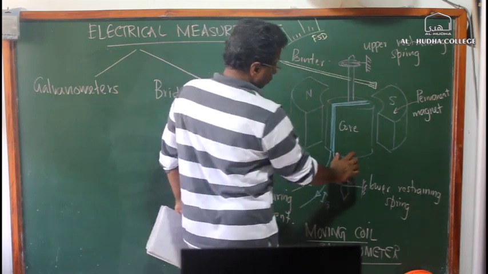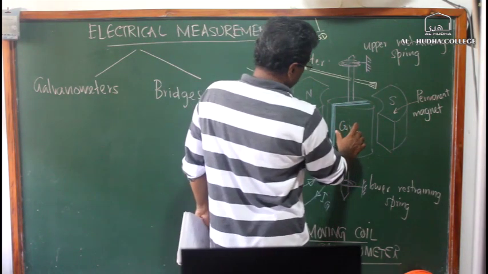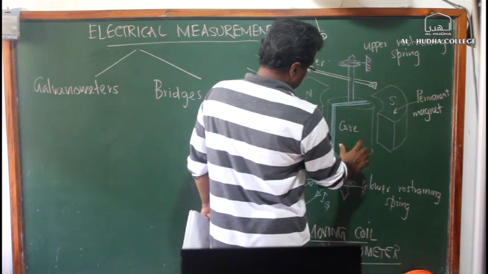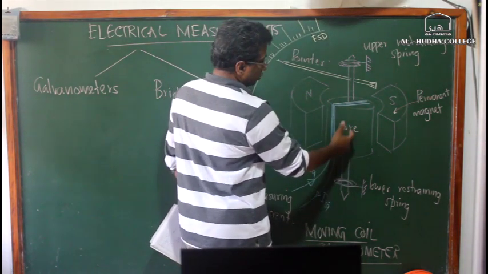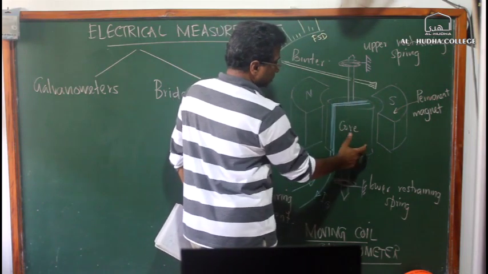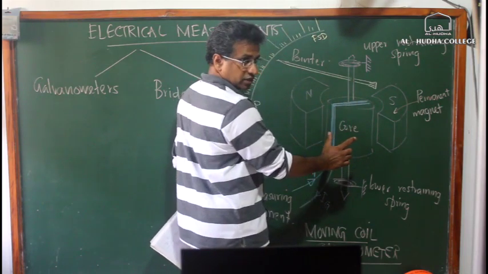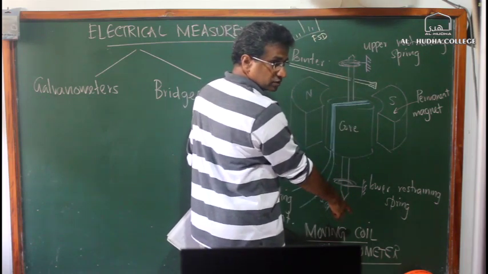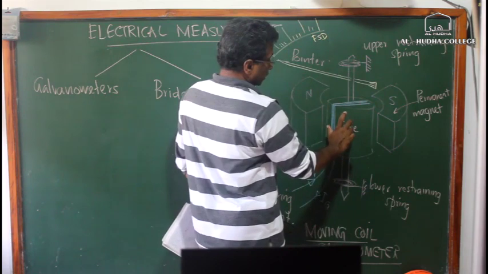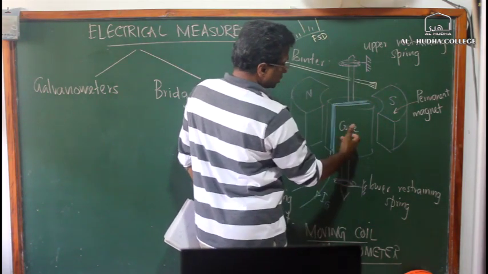So if you turn this core a little bit, because of these springs, it will come back to the original position, right? That is the idea of the two springs, right? So these two springs are controlling the rotation.